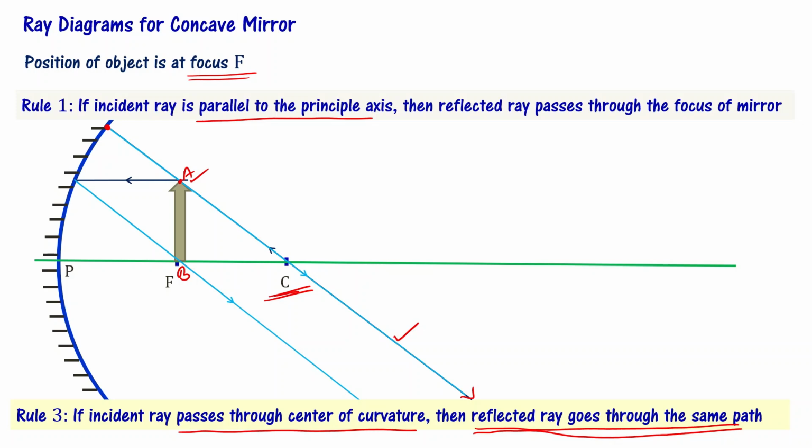Now if you observe these two, first reflected ray is here, the second reflected ray is here. These two rays are looking parallel, right?